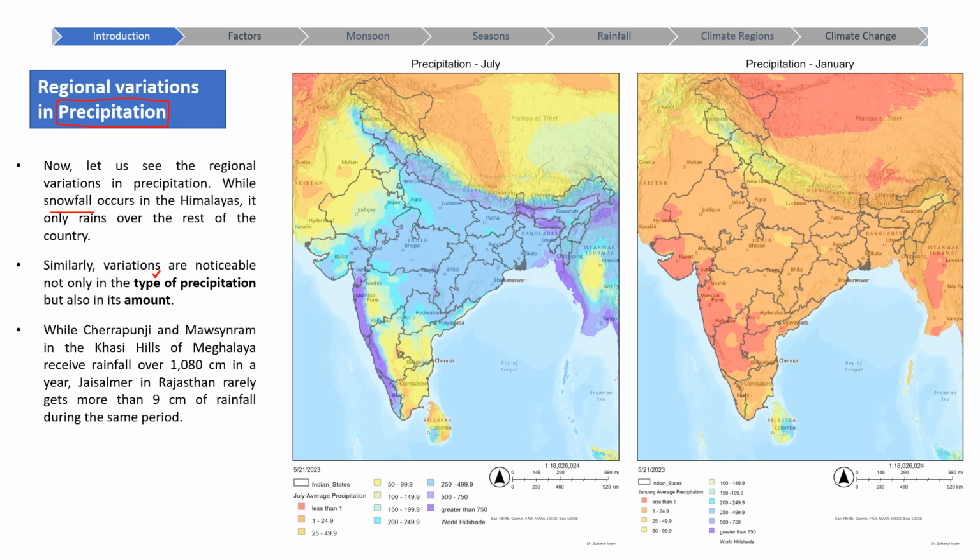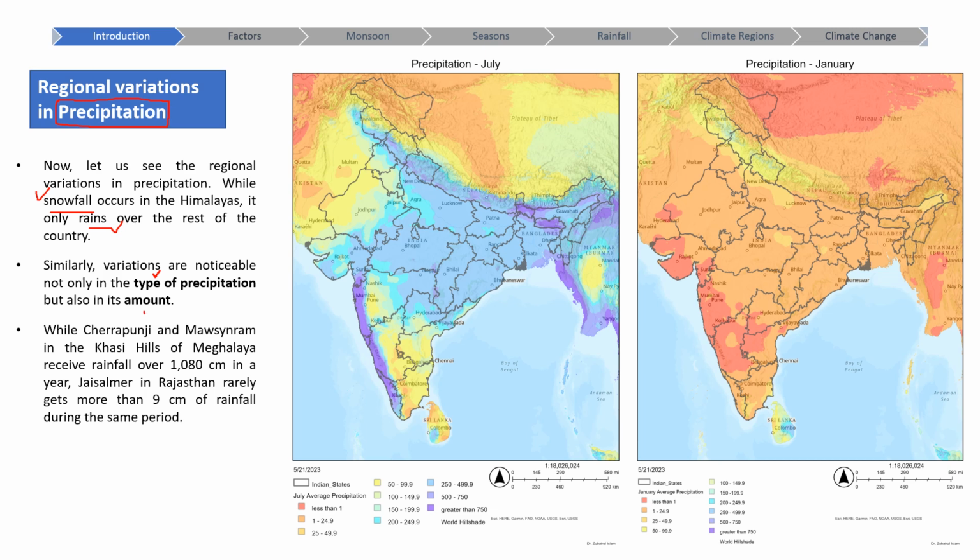It's a type of precipitation. Snowfall is a type of precipitation, and another type is rain, in the form of rains in the rest of the country. So this is the broad difference. Snowfall in the Himalayan part and rain in the rest of the country.